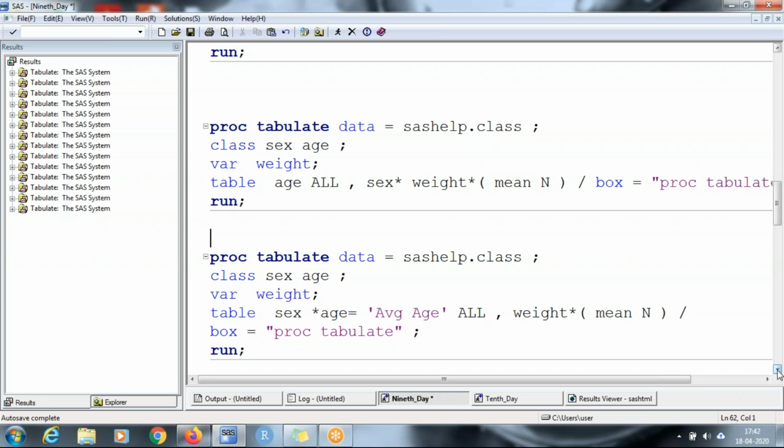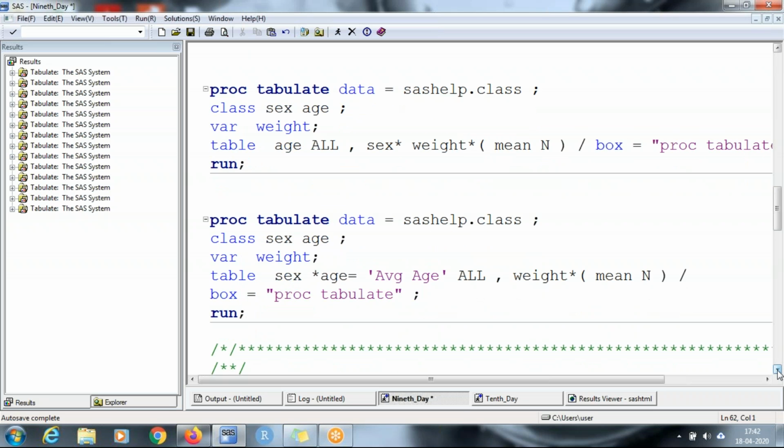Understand? I think now you are able to understand the output pretty well.